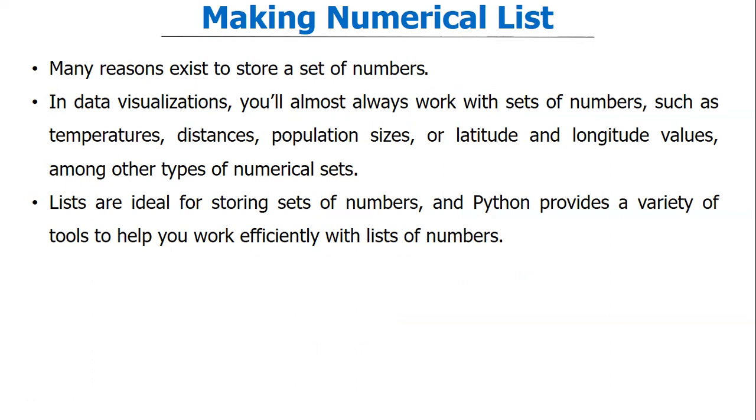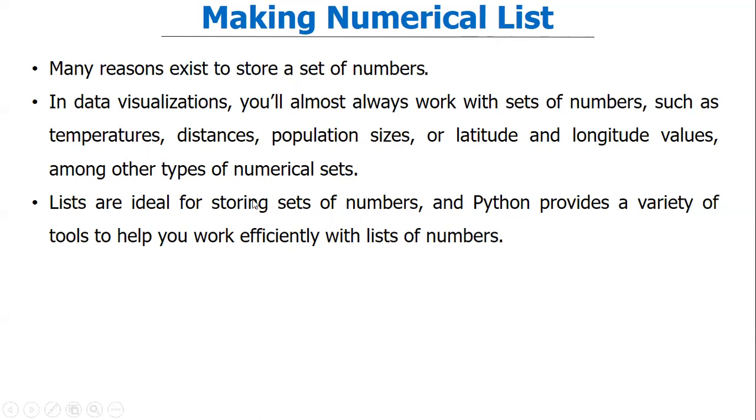Lists are ideal for storing sets of numbers, and Python provides a variety of tools to help you work efficiently with lists of numbers. If you have a set of numbers in Python, you can analyze it with several tools, and this tutorial will just take you through the basics.